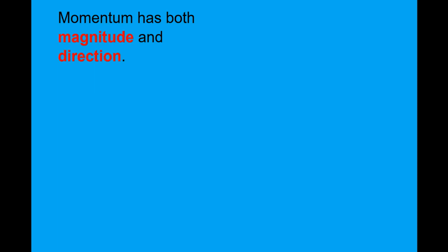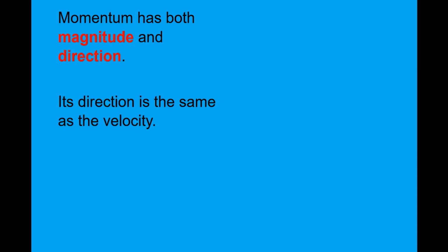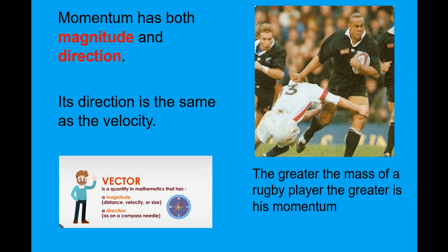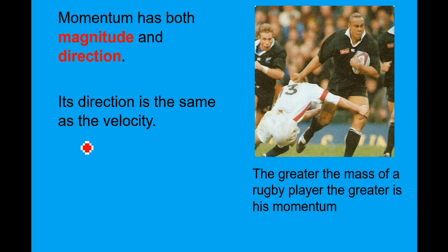Momentum has both magnitude and direction. That's why momentum is a vector quantity. Remember, when we multiply a scalar quantity with a vector quantity, the product is always a vector quantity. Here, momentum is the product of mass and velocity.